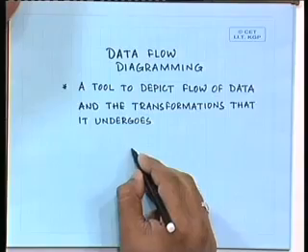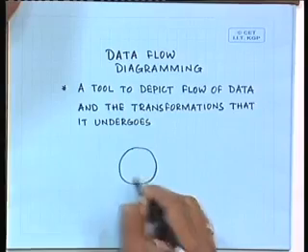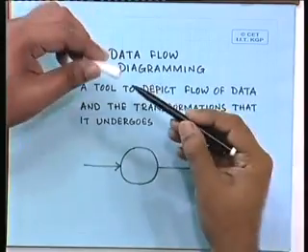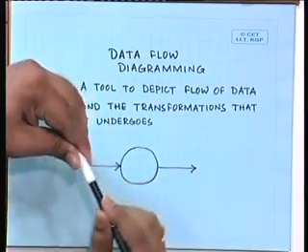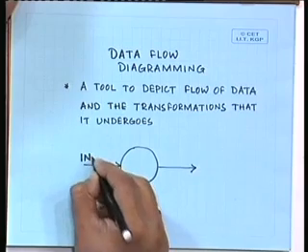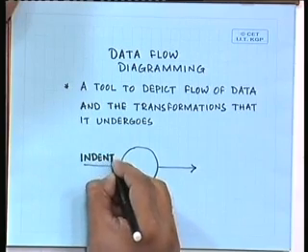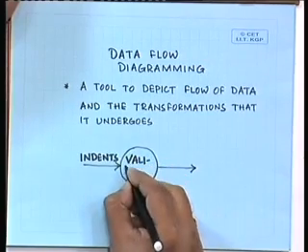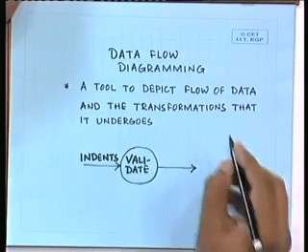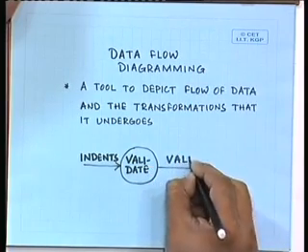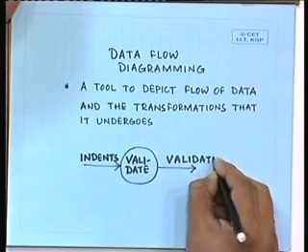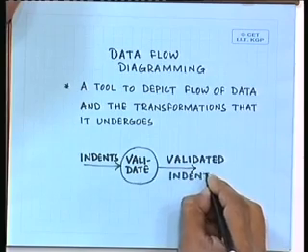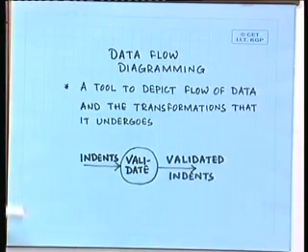Now, see, for example, let us say we have a diagram like this, where we have the indents and we have the validated indents.